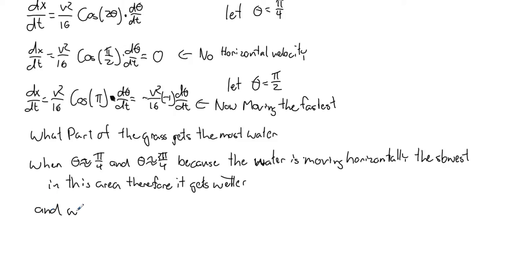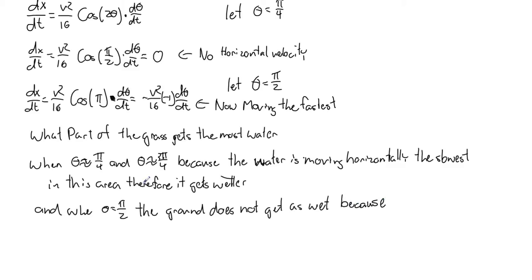And when theta equals pi over 2, the ground does not get as wet, because, and let's use around there, it's not exactly there, the water is moving the fastest.